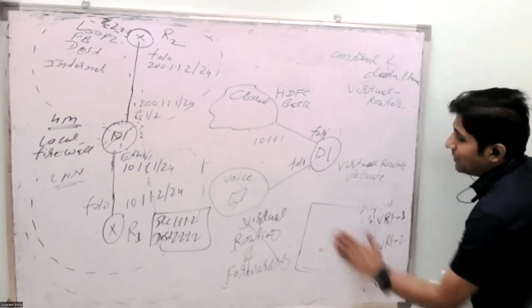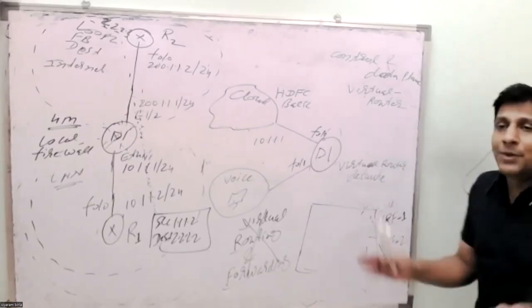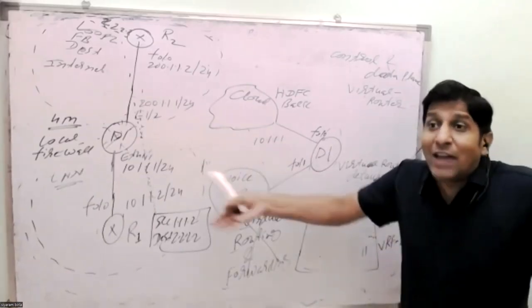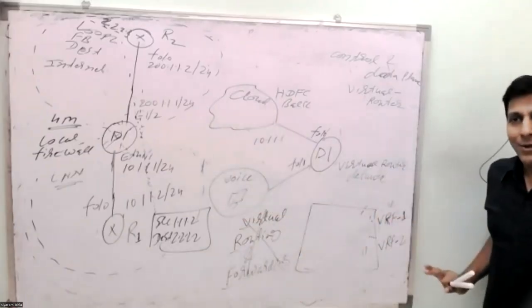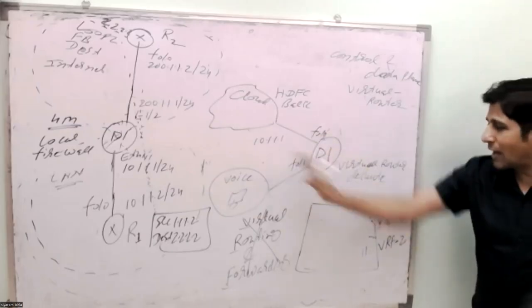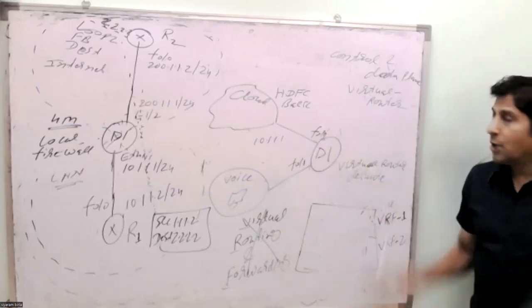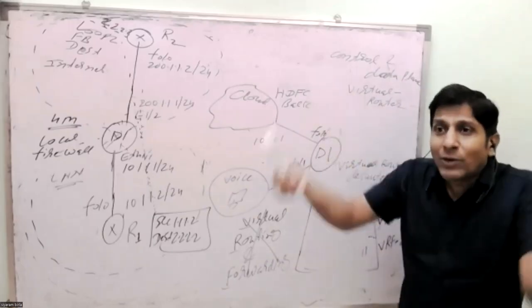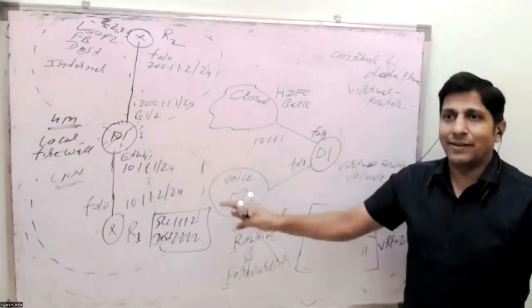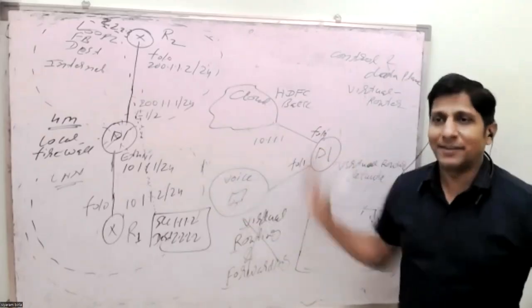It means I have not divided my firewall into multiple firewalls. My firewall is single. Whatever similar routes come here, they will come here. My control plane and data plane are single. It's a single routing table, a single VLAN. My firewall is not divided.